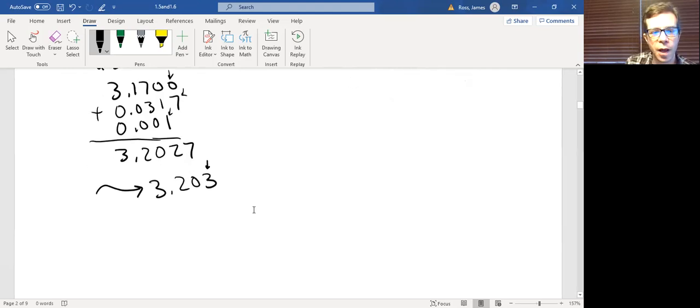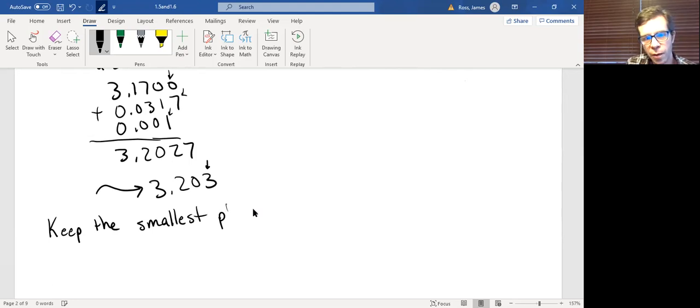So in words, that is keep the smallest place value that is in all terms.